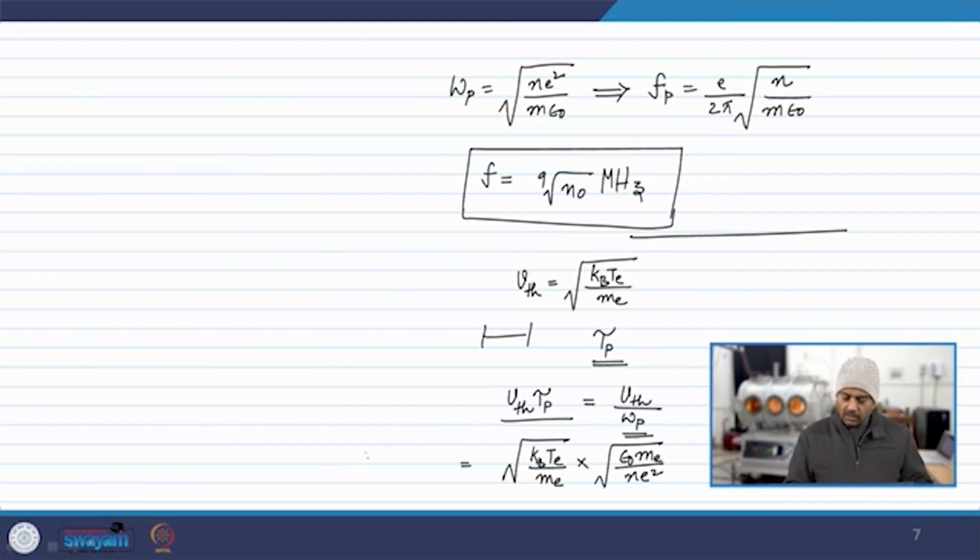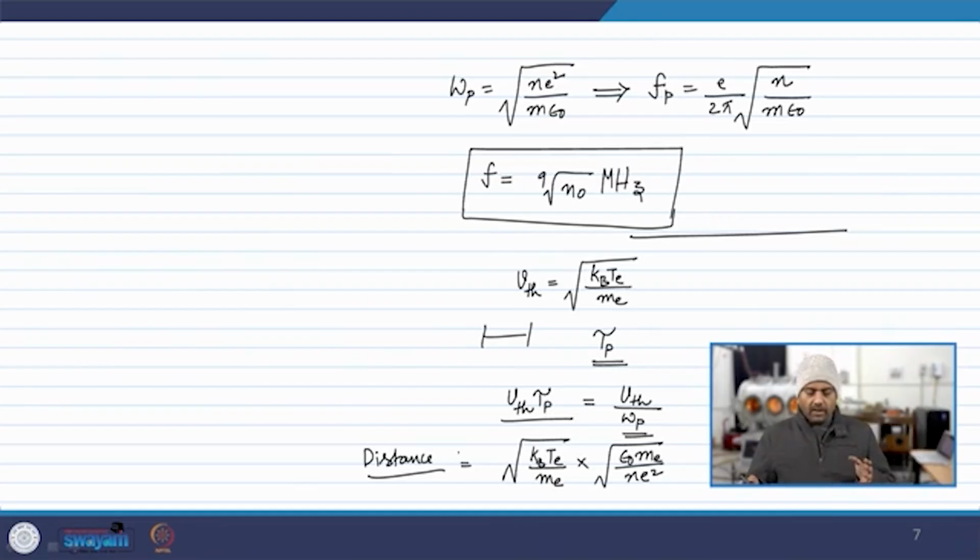What is this? This is a measure of distance actually. What distance is this? This is the distance that the electron will travel within one tau_p. What is tau_p? Tau_p is the characteristic time that is associated with the plasma frequency. So, there is a time period that is associated with that, and within the time period, given that the velocity of the electron is V_th, how much distance would it travel? This is the distance that it would travel, right.